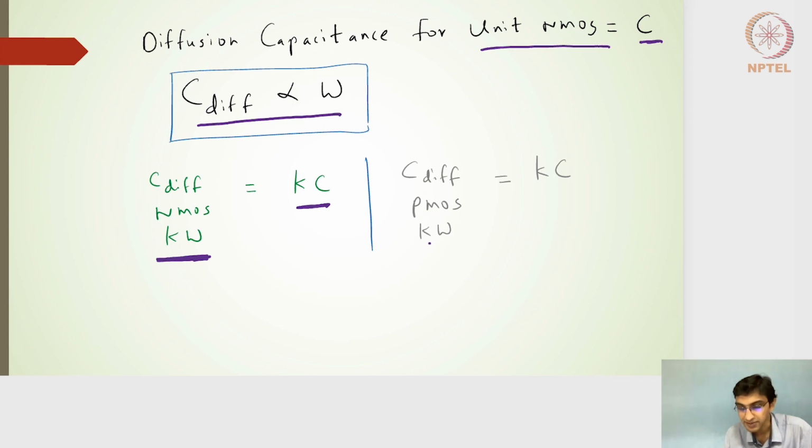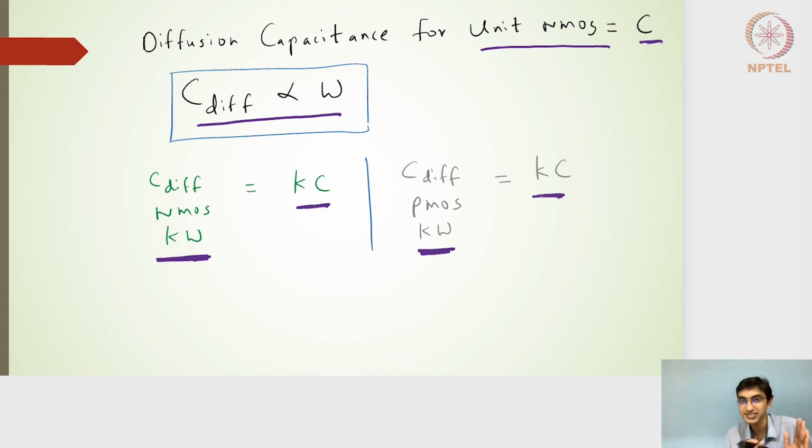The diffusion capacitance of the PMOS is also K times C. For the same dimensions, the PMOS capacitance remains the same as that of the NMOS capacitances.